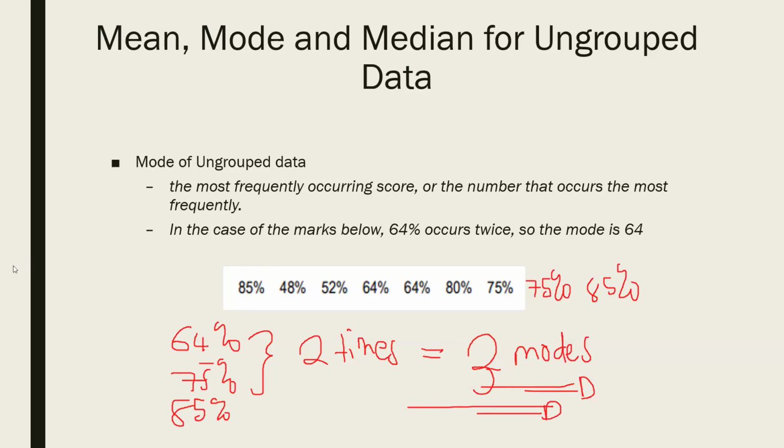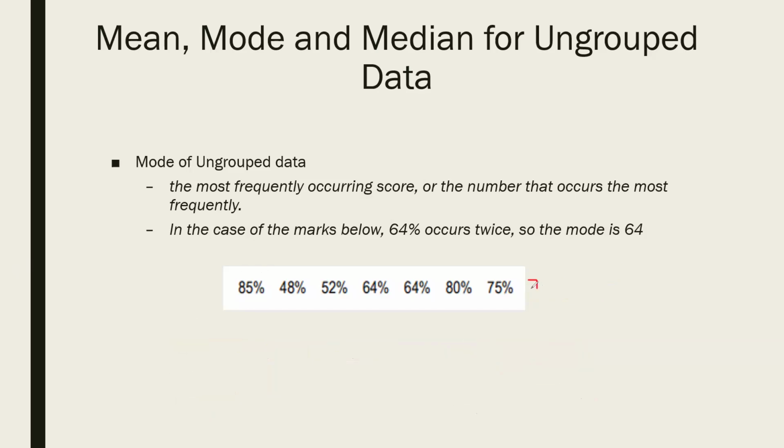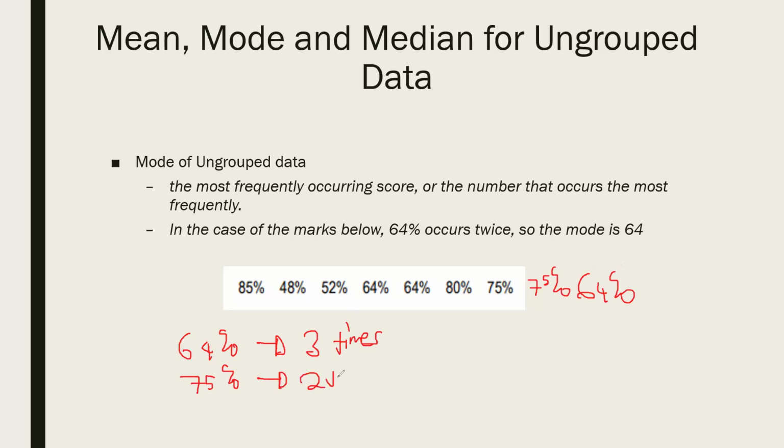Then another scenario now, where let's say we've got 75% here, then we have another 64% here. So we are having a scenario where 64% is repeated 3 times, and 75% is repeated 2 times.